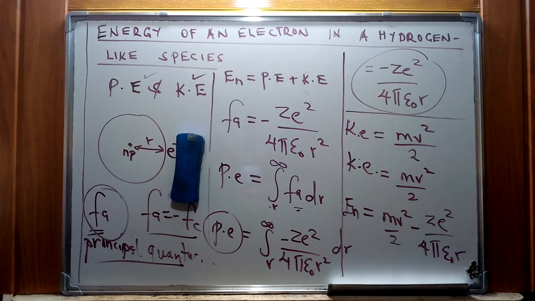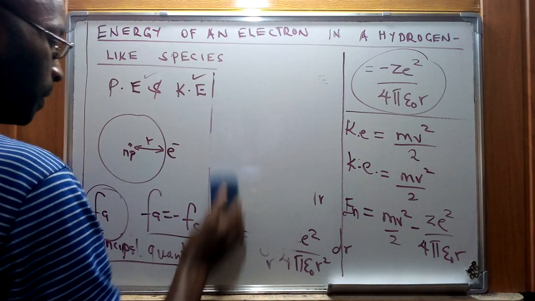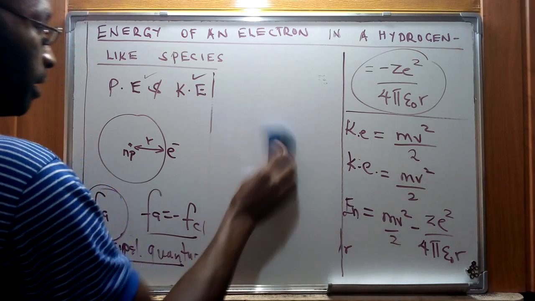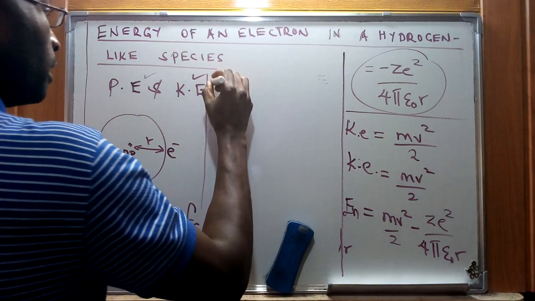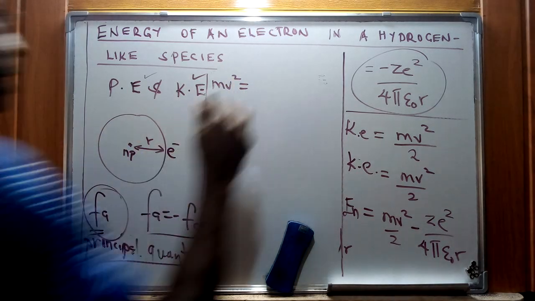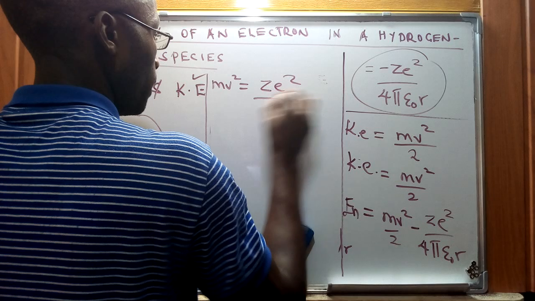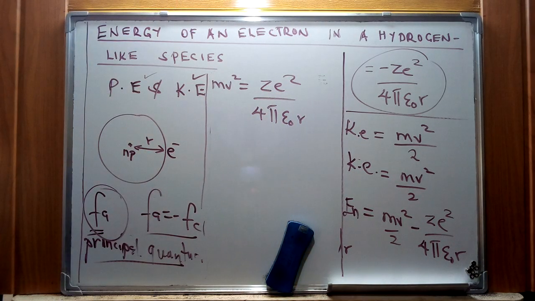Now if you look at these two formulae, earlier on we had described mv squared from a previous discussion, whereby we said that we can represent this from the Bohr relationship. We said that mv squared is equivalent to Ze squared over 4 pi, and this was given as that.